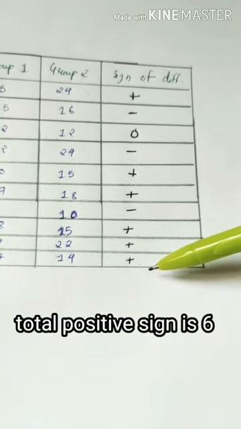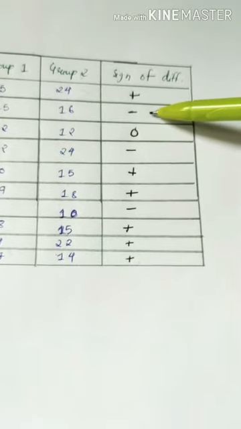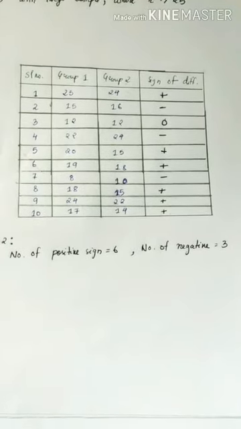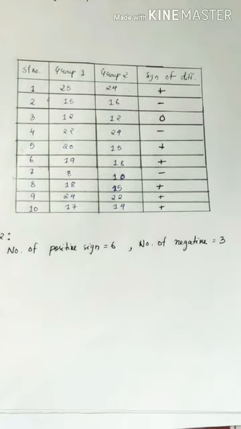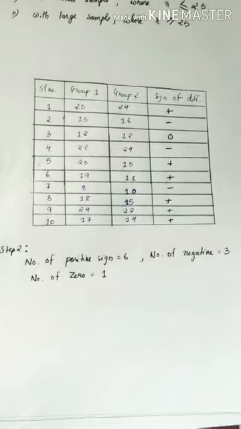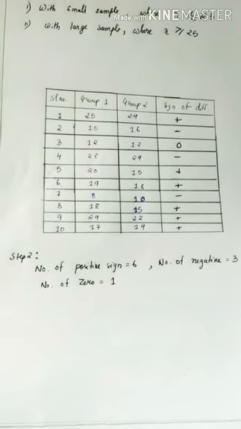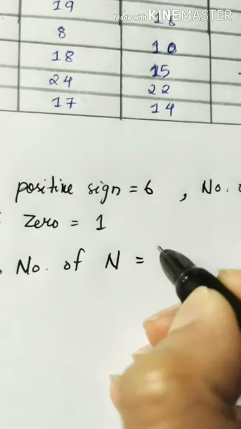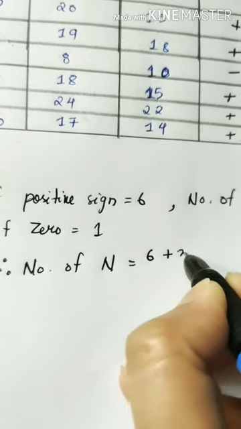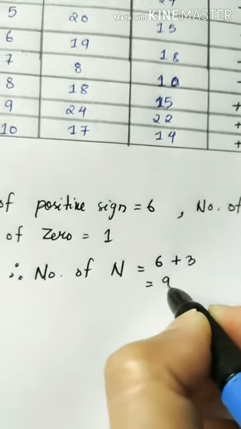And the total number of negative signs is 1, 2, 3. And the total number of 0 is 1. Thus, the sample size, since the 0 will be eliminated, is 6 plus 3, which is 9.